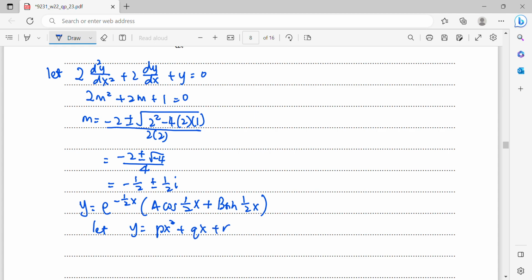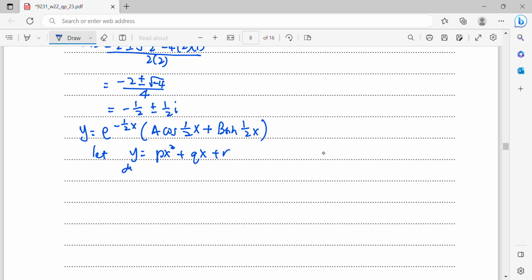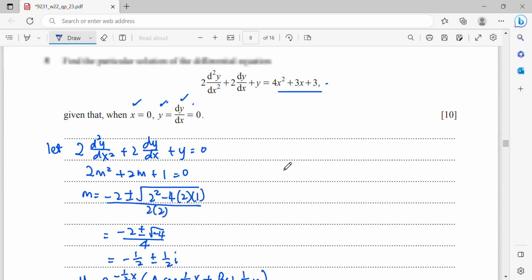Now we need to differentiate two times. So dy over dx will be 2px plus q, and d squared y over dx squared will be 2p. Let all of this be the second equation, and the original equation be the first equation.